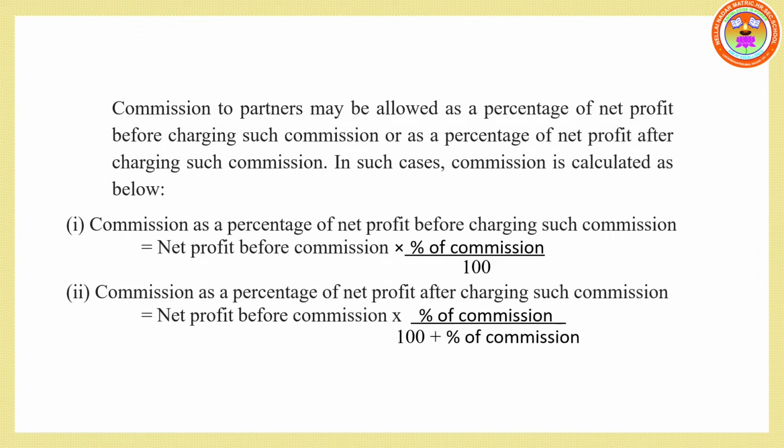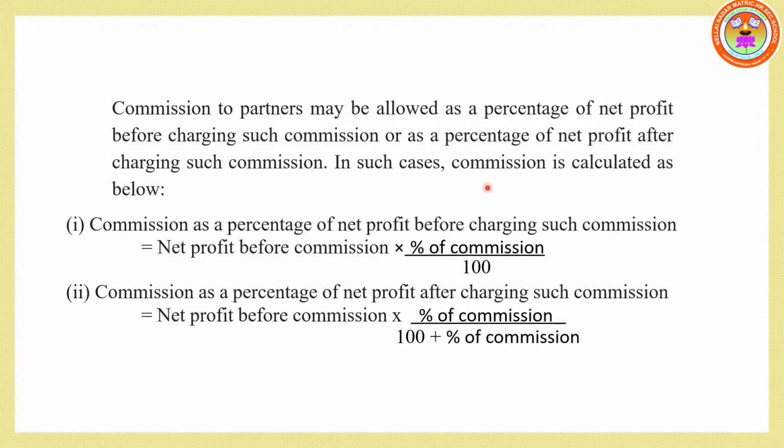Commission to partners may be allowed as a percentage of net profit before charging such commission or as a percentage of net profit after charging such commission. So look at the words before charging such commission, then after charging such commission on net profit.